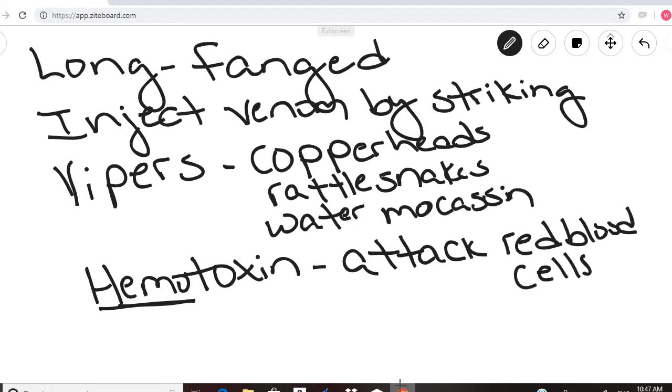And so essentially, it attacks the red blood cells and the blood vessels. So you are essentially destroying the circulatory system.